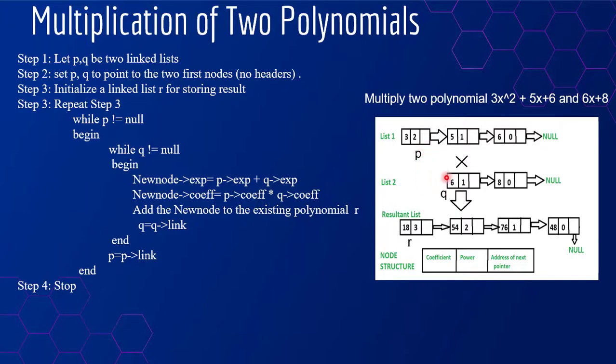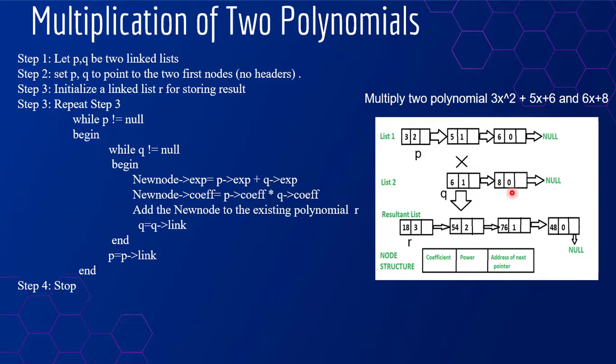So here 2 plus 1 is equal to 3. And new node coefficient is equal to P2 coefficient into Q2 coefficient. So 3 into 6, 18. After that, you have to move Q equal to Q2 link.